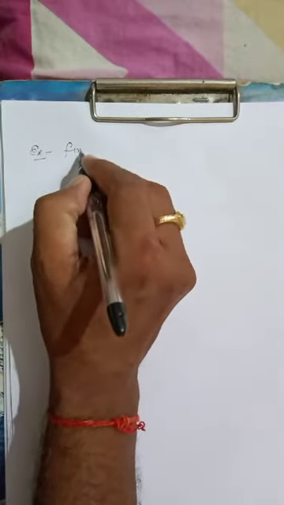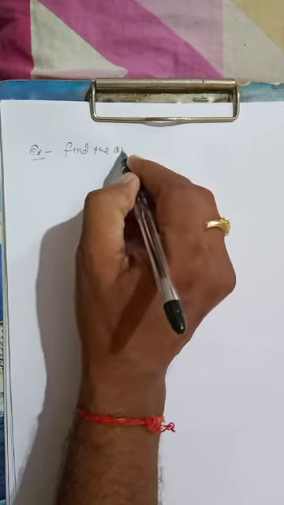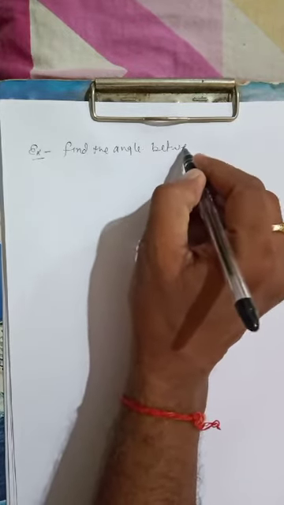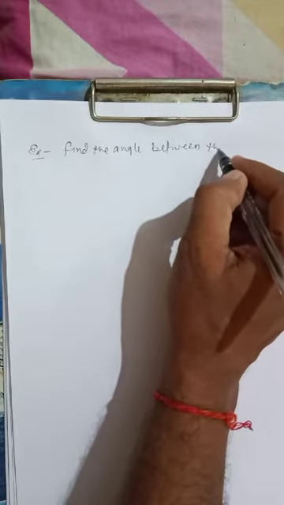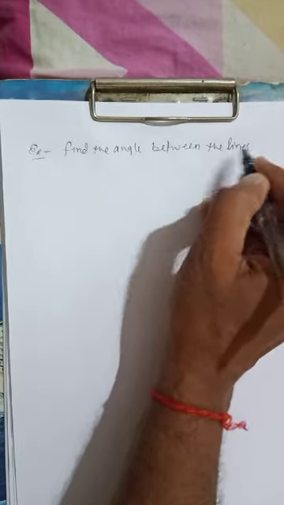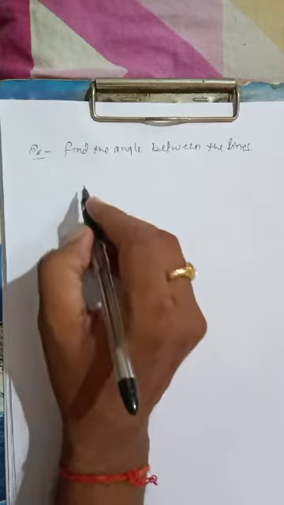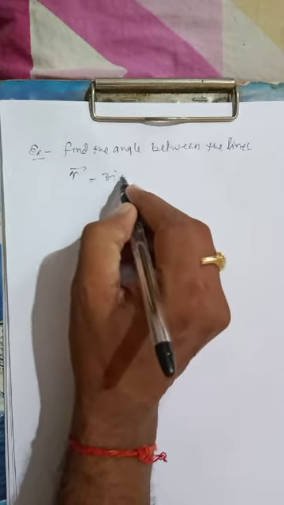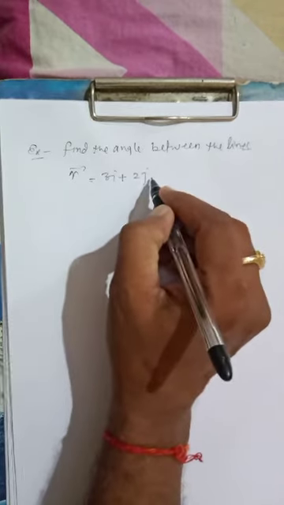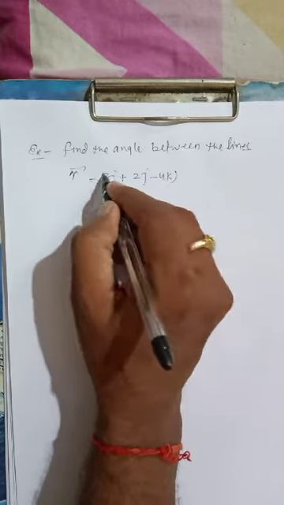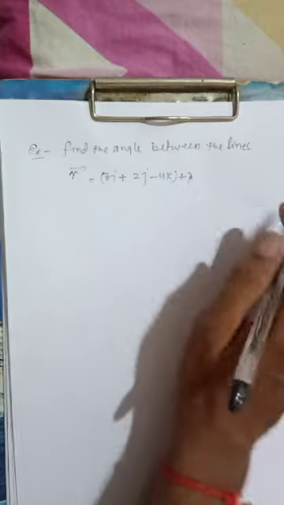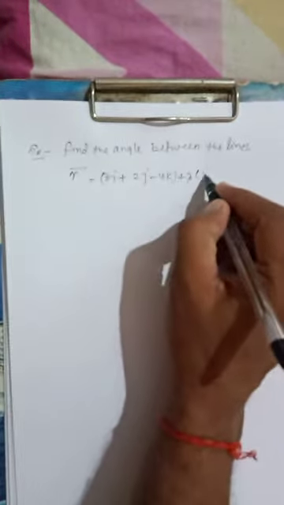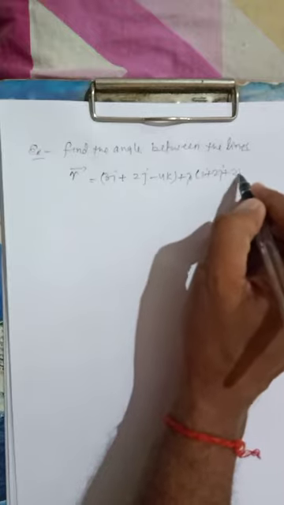Find the angle between the lines r vector is equal to 3i plus 2j minus 4k plus lambda times of i plus 2j plus 2k.